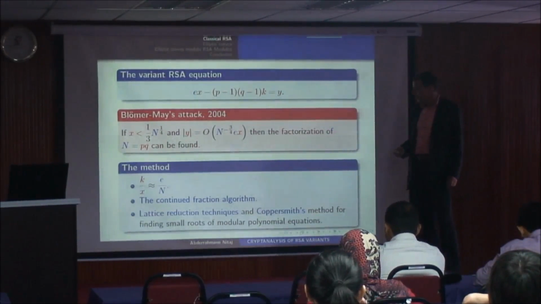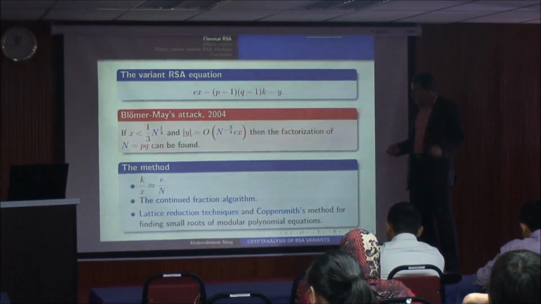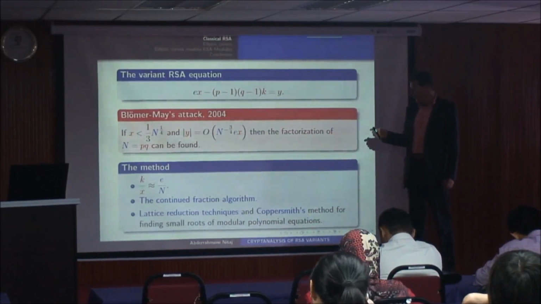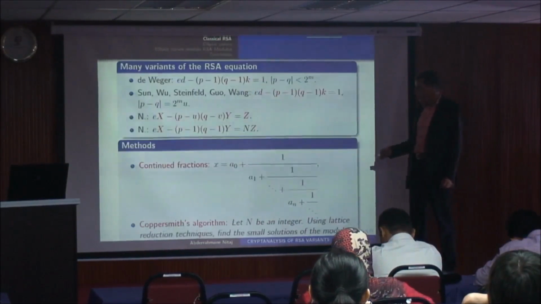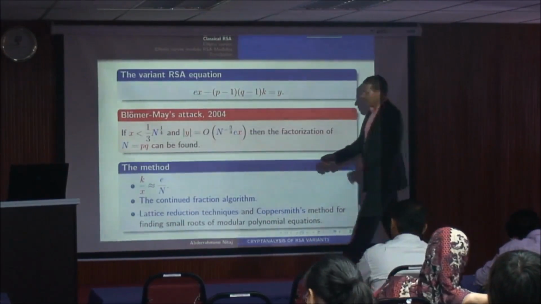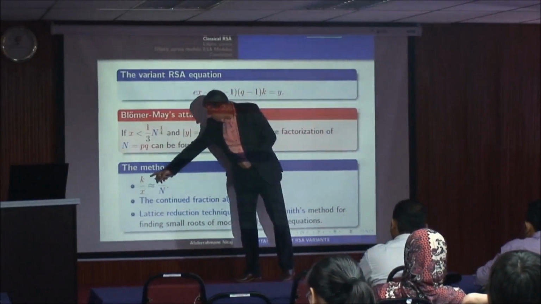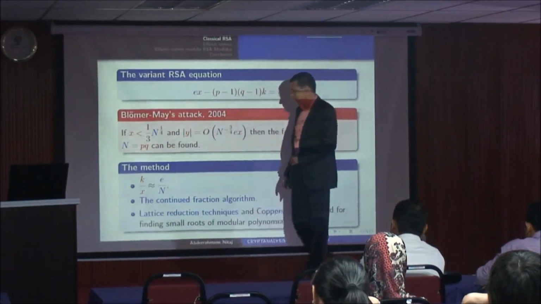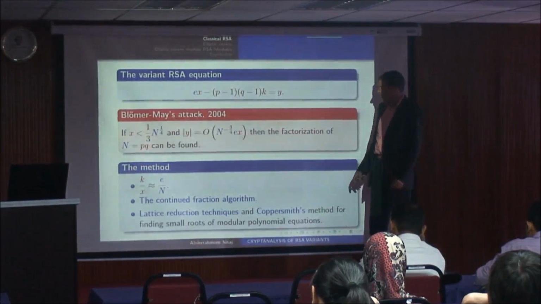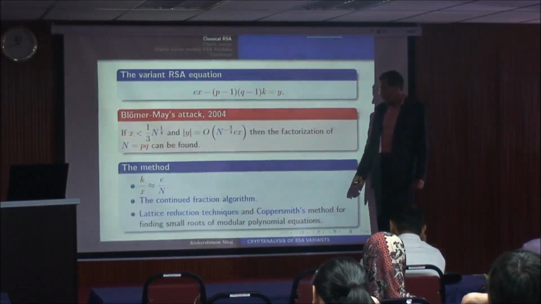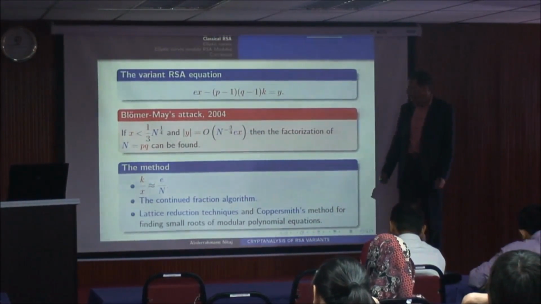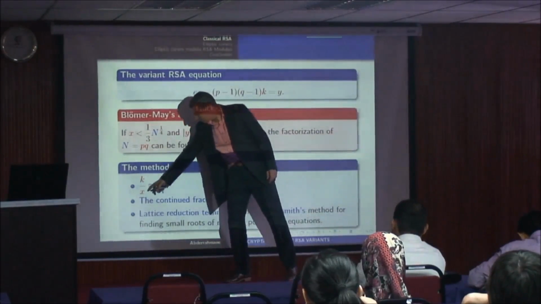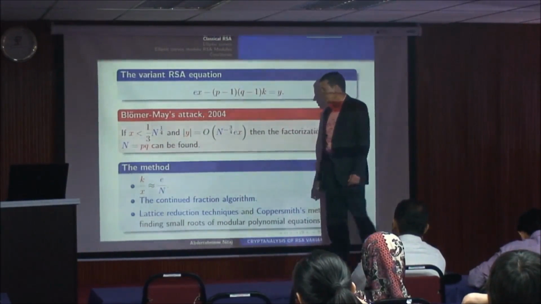So the method is a mixed method because they first apply the continued fraction algorithm to find good approximations of e over n, and remember that e over n is a known parameter, so we can apply the continued fraction algorithm to find the approximation of k and x.